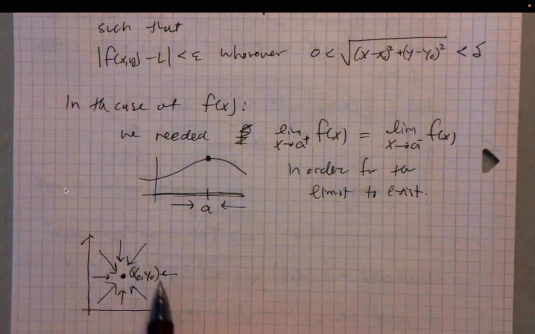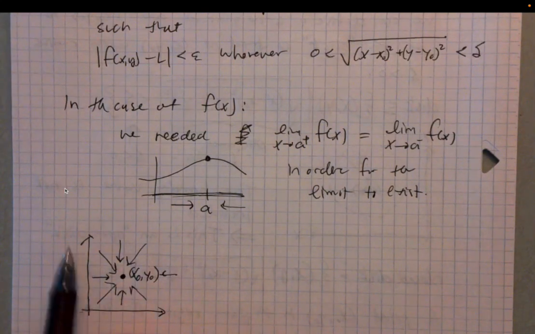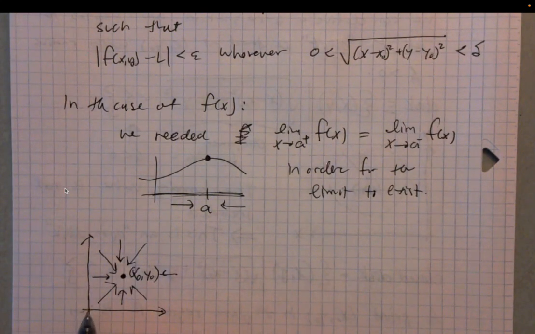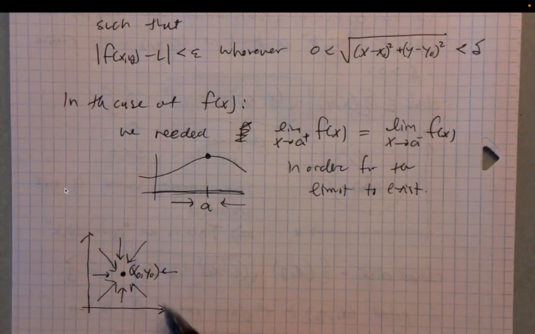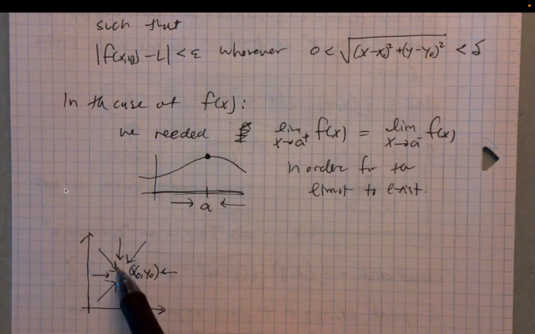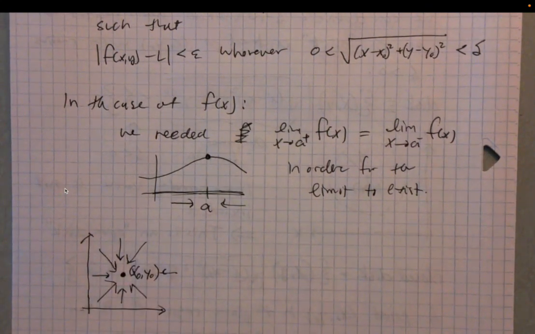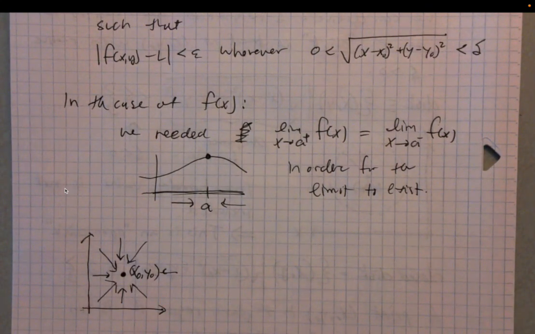So as we approach (x0,y0) in the xy plane, there's some third axis extending out of this, which is the value of the function, and we need that value to be identical no matter which direction we approach (x0,y0) from.